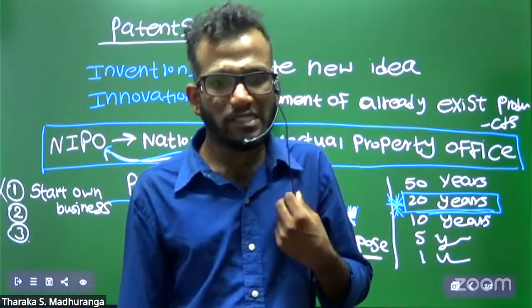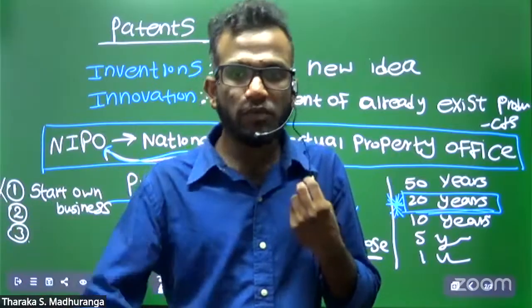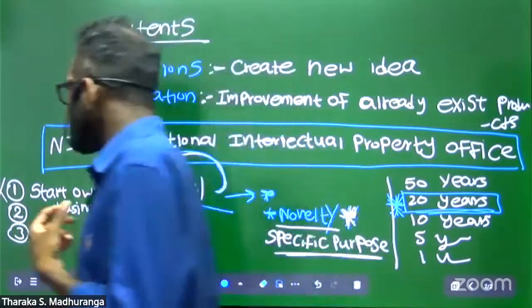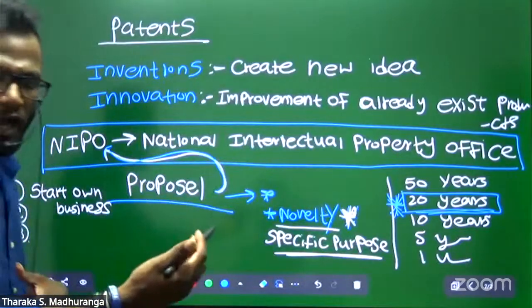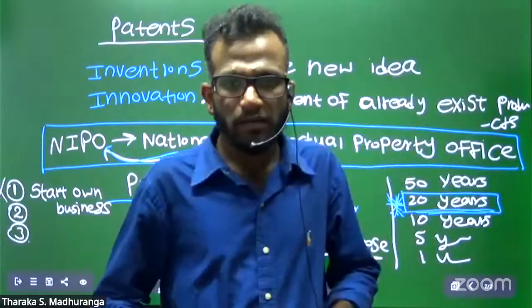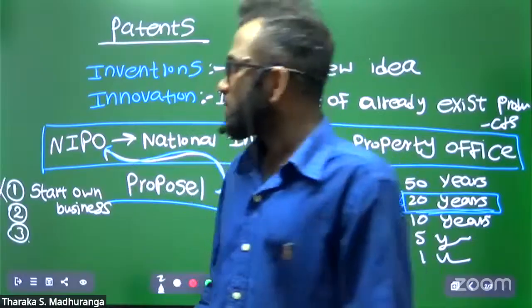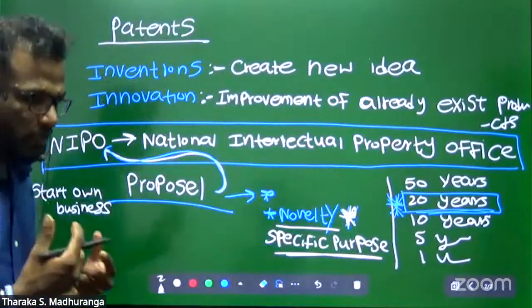Don't need to do business. You can do another thing. You can produce other new things. Therefore that's not recommended. But if you are the product owner, after you got the patent, you can start your own business.